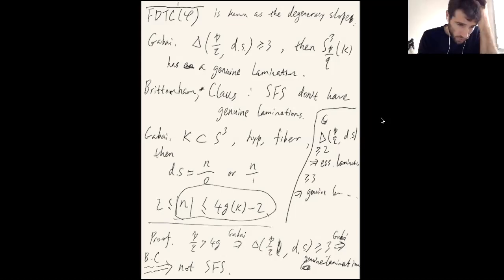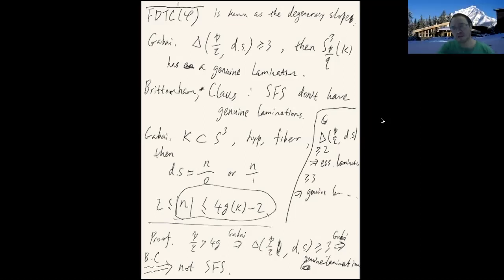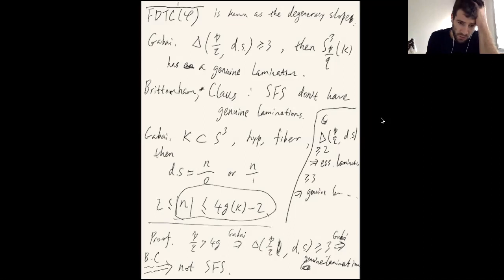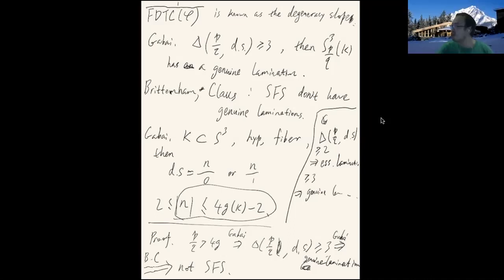So, maybe this is because I don't know much about laminations, but is there any hope that you can get more control over the Seifert fibered spaces you get out, for example, in terms of the number of exceptional fibers? Yeah, right.